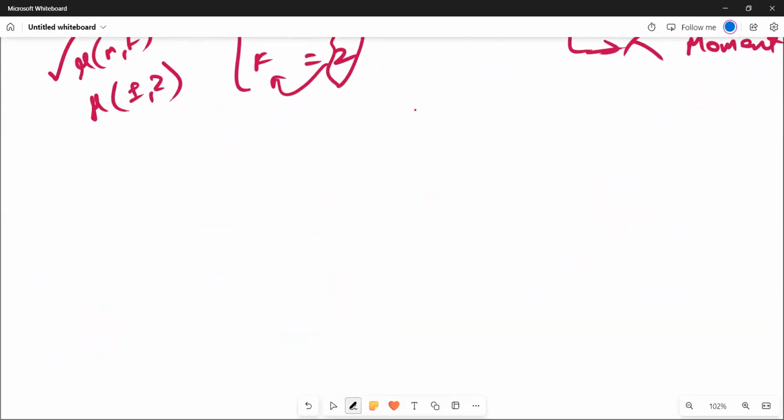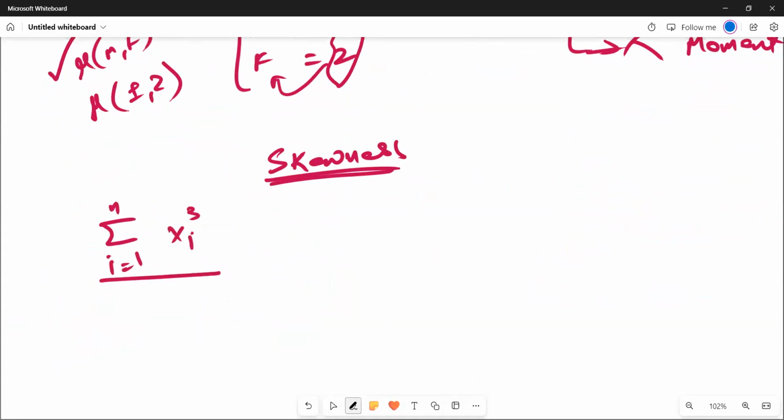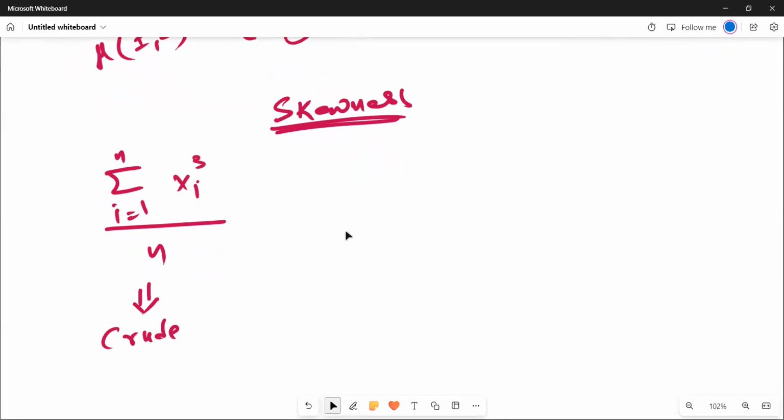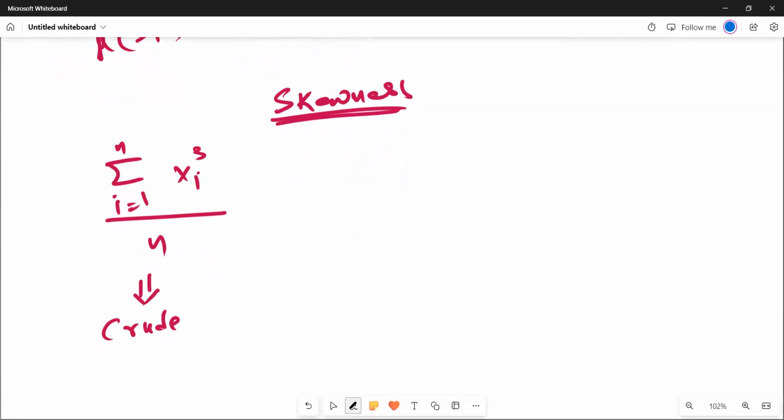Let me give you a walkover of the skewness. Skewness technically can be calculated as the summation from i equals 1 to n of xi whole cube, divided by n. Now, this is crude skewness. Crude basically means raw, so this is the raw form of skewness being calculated.